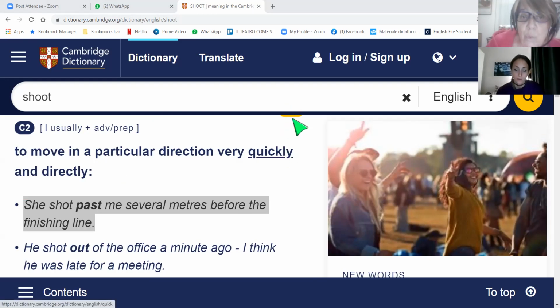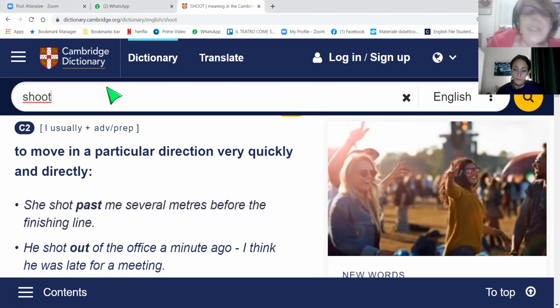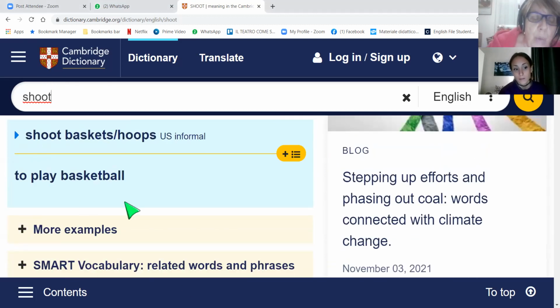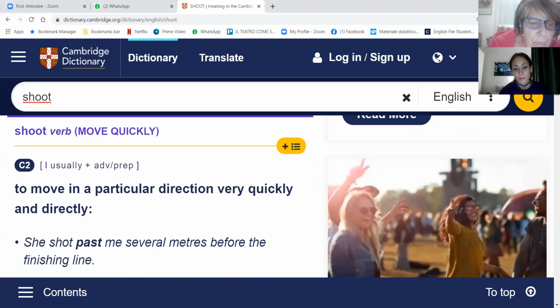Vai a cercare su questo dizionario o se ne hai di altri tu, non so se hai per caso dei dizionari online o qualsiasi altra cosa, questo però è il migliore. Sì, questo è il migliore. È il migliore per cui usa questo, anche perché ti aiuta anche con la pronuncia.